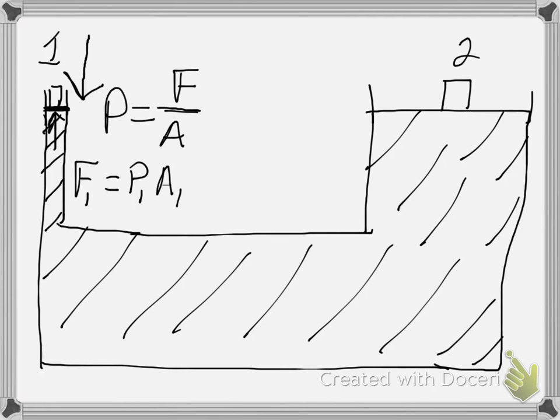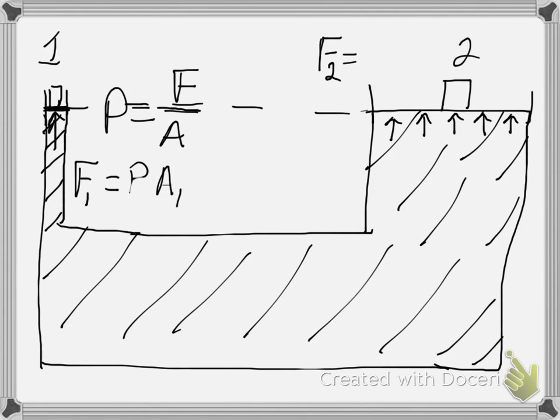Likewise, let's look at the situation before I push this down. All of this analysis still holds, but over here we also have pressure pushing up, but over a larger area. So when I rewrite the force on my second piston, if these are at the same level, then they'll experience the same equilibrium pressures, so I can get rid of my P subscripts.